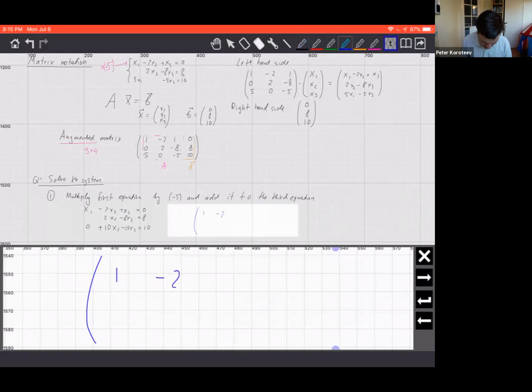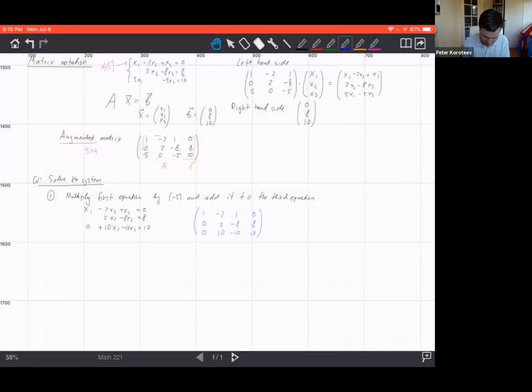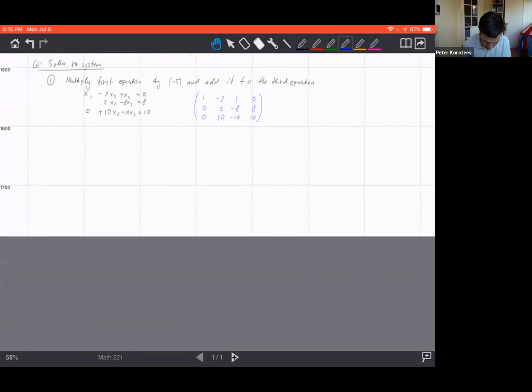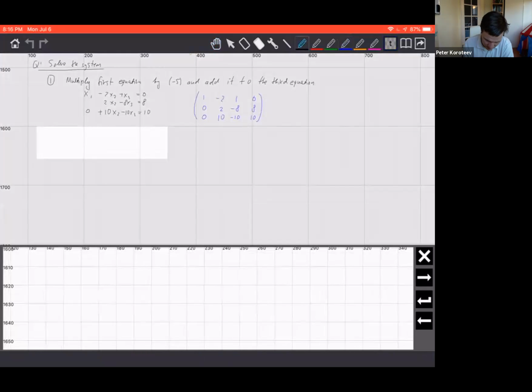It's 1, -2, 1, 0; 0, 2, -8, 8; 0, 10, -10, 10. So we'll do each transformation step by step in terms of elimination of variables and also in terms of operations on the matrix. Okay, good. Now, what's the next step that we can do here?